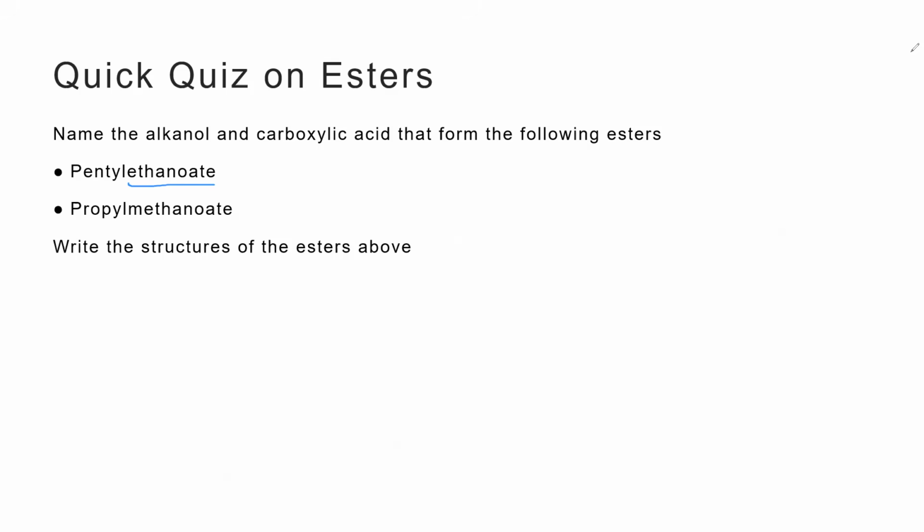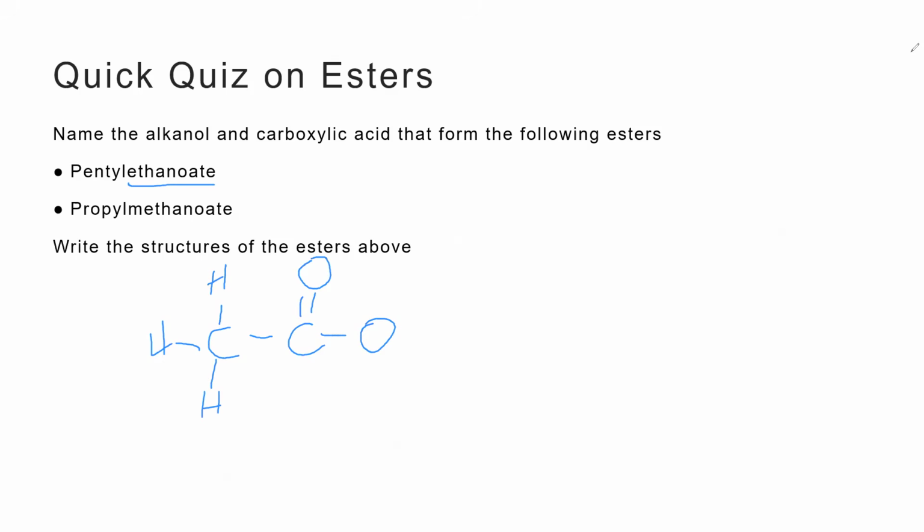So we'll put out our 2 carbons like this. To make it ethanoate, we fill in the hydrogens. Then the COO. So this is the ethanoate part.